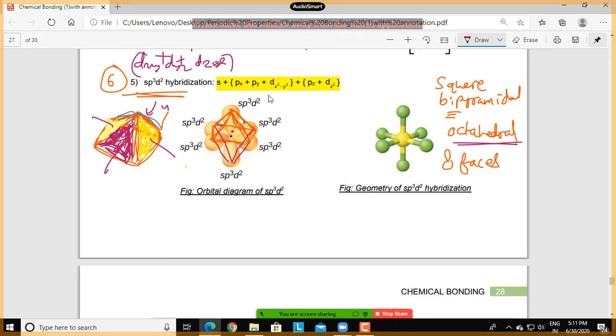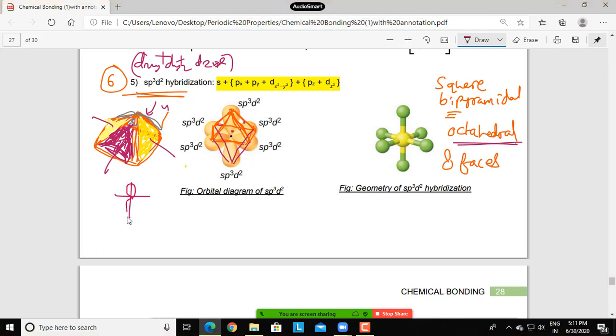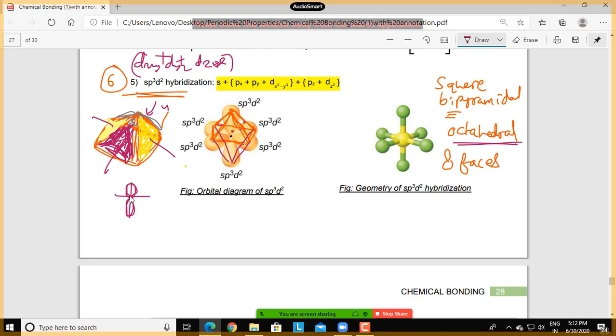dx square minus y square is on axis. This is along the axis, it lies on the axis. And dz square is also on the axis.